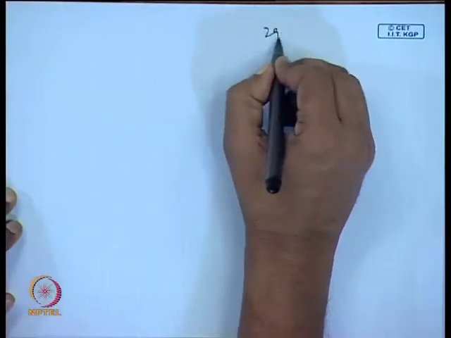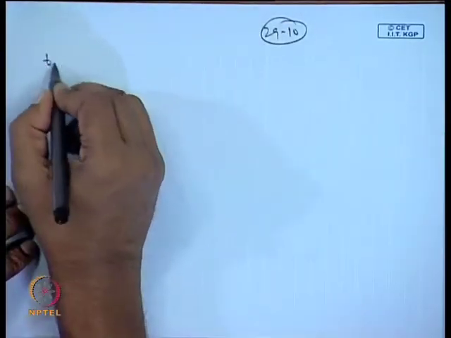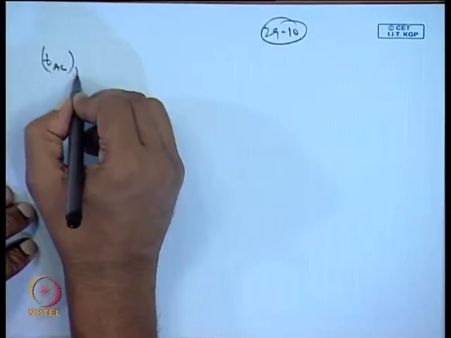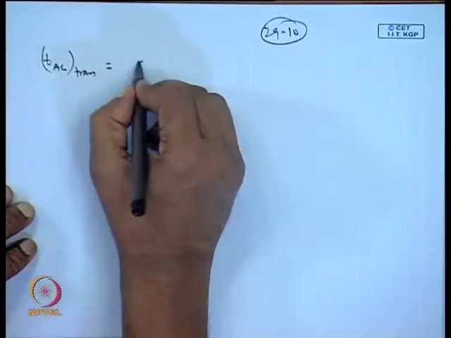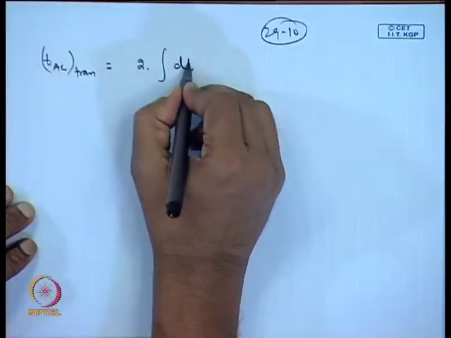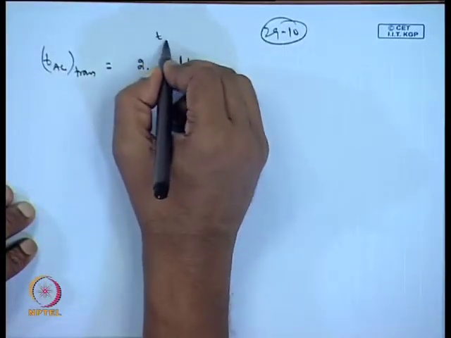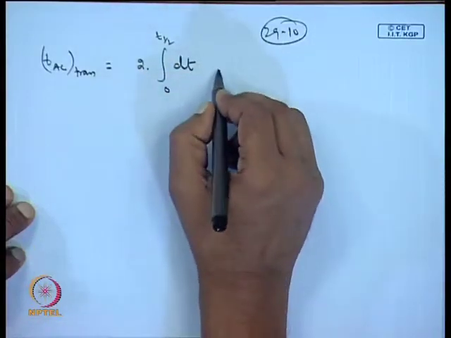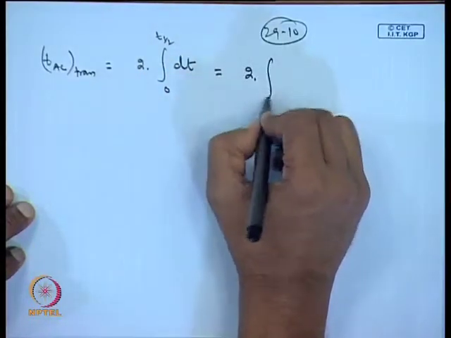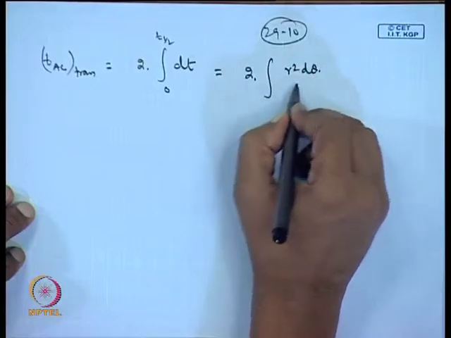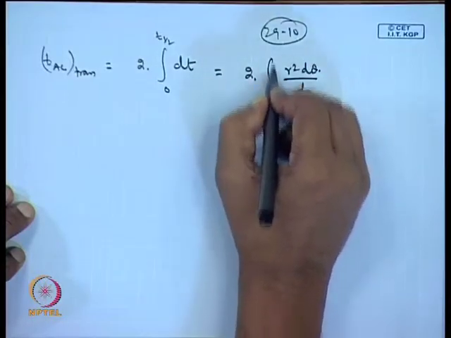So, we can write from this place T a c transfer equals 2 times dt from 0 to t 1 by 2, and so this will be 2 times r square d theta divided by h, from 0 to theta 0.